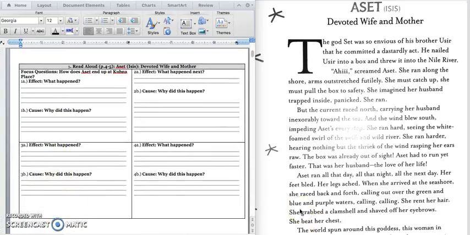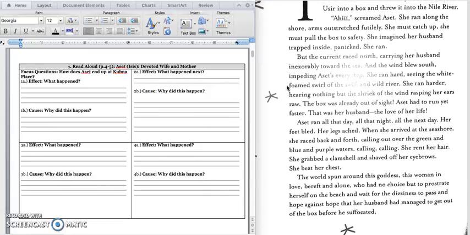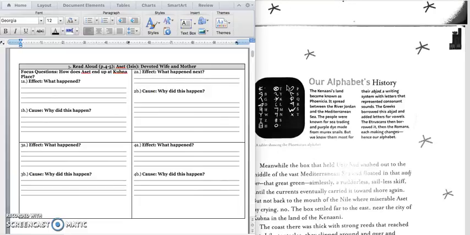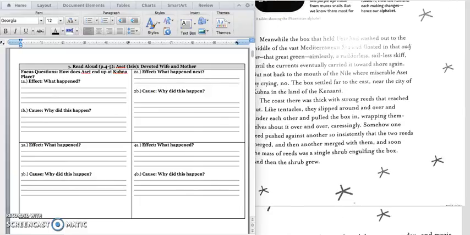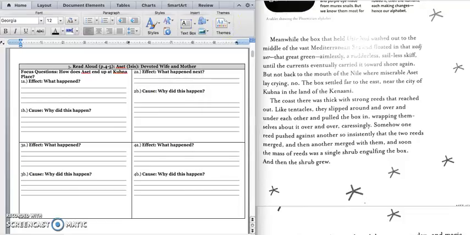If we're reviewing our story, we know that Set threw Usher into the river in a box, and he floated down the river, and Aset chased after him, and she ran faster and faster to try to save him, but she couldn't.